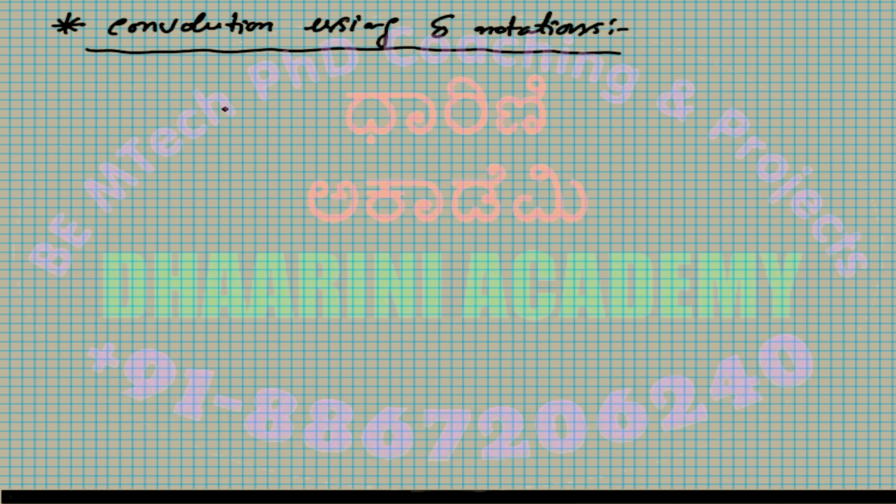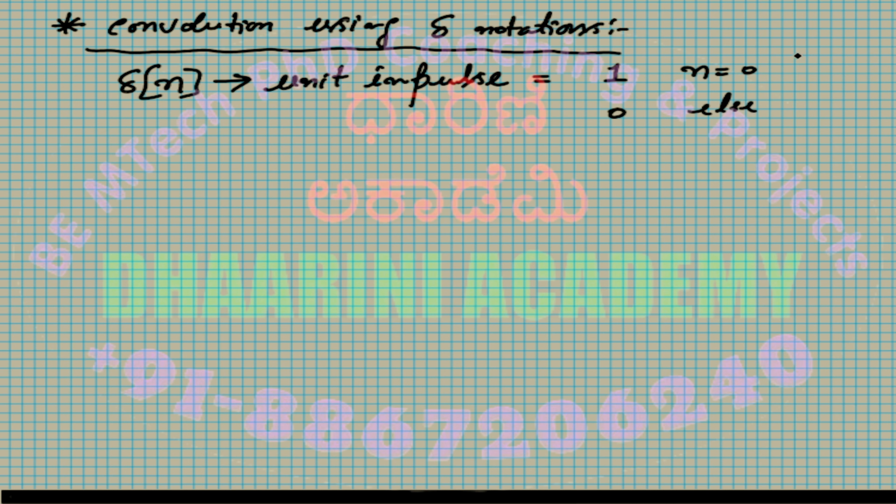So delta of n is nothing but a unit impulse signal, or a function, that is 1 at n equal to 0 and 0 at any other point.